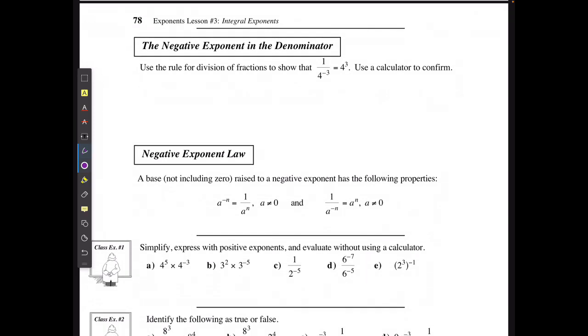If I have a negative exponent in the denominator, then that is the same as dealing with a double negative. If I'm using the rules for division of fractions to show that 1 over 4 to the negative 3 is equal to 4 to the 3, then that would be the same as 1 divided by 4 to the power of negative 3, which is going to be 4 to the power of 3 over 1.